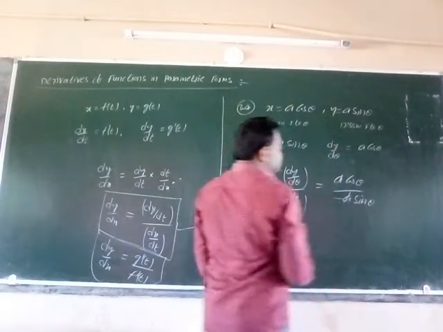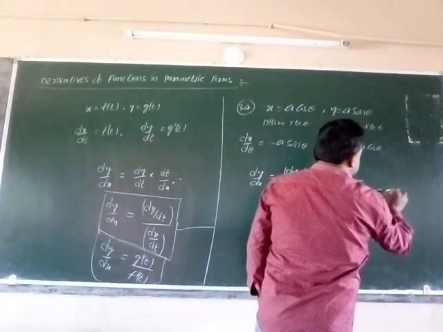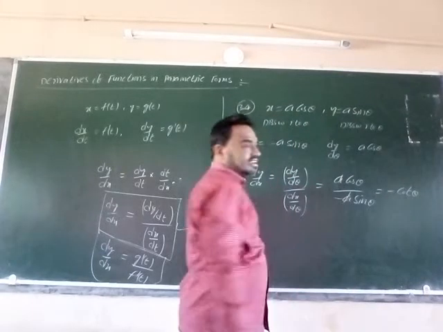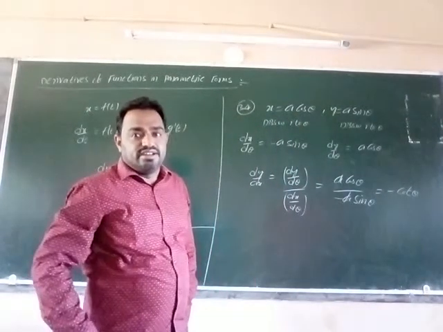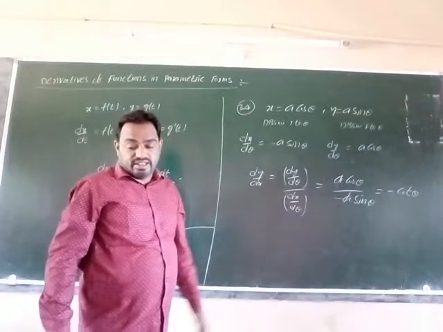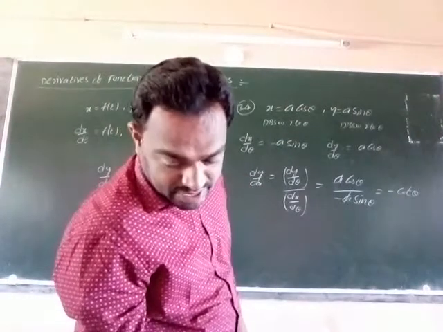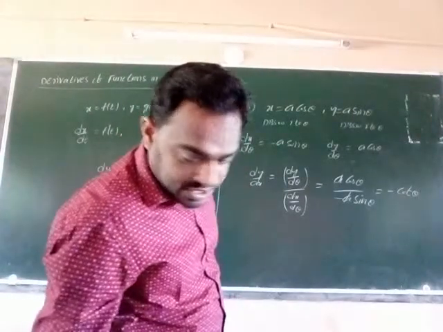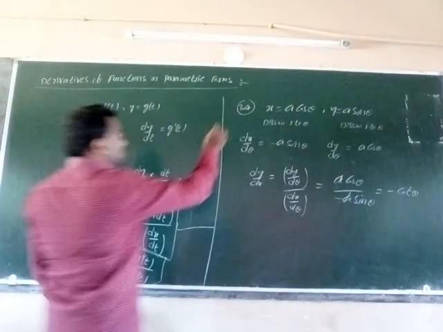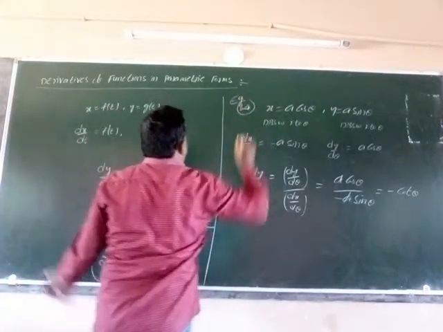The a cancels, and cos theta by minus sin theta is minus cot theta, since cos by sin is cot. This is the solution. Like this we find the derivatives of parametric functions. This was Example 34.